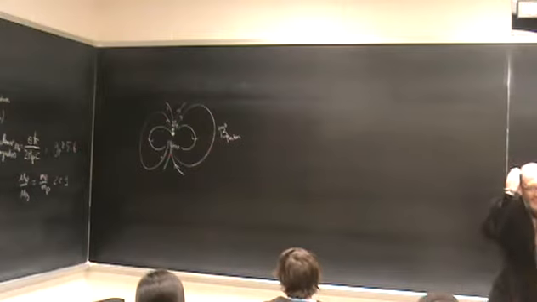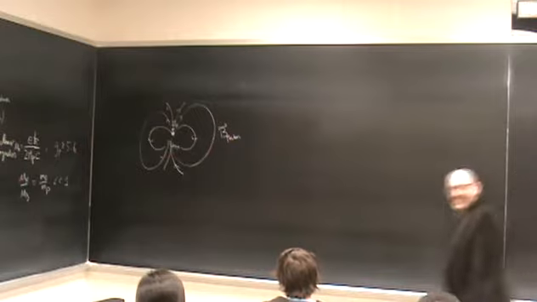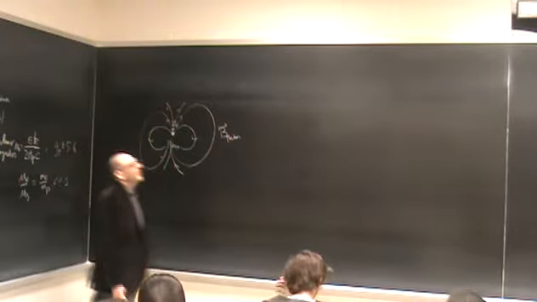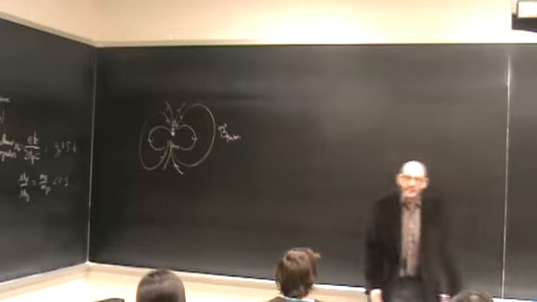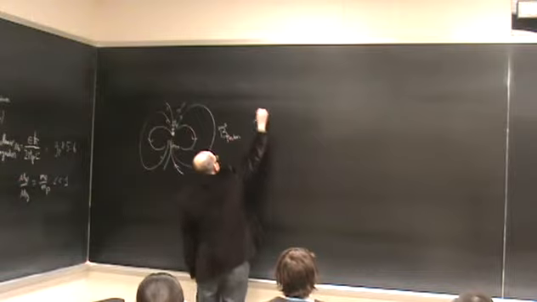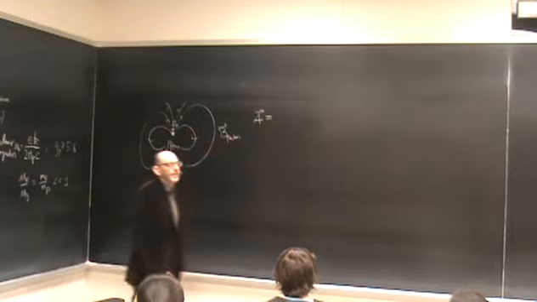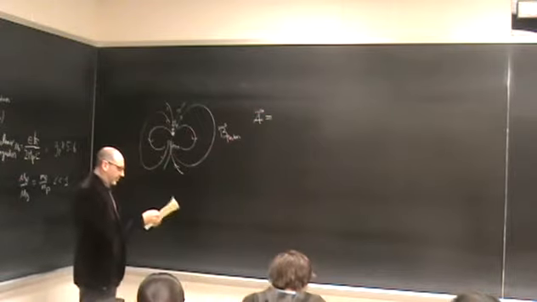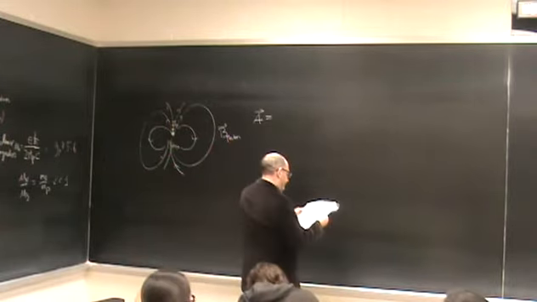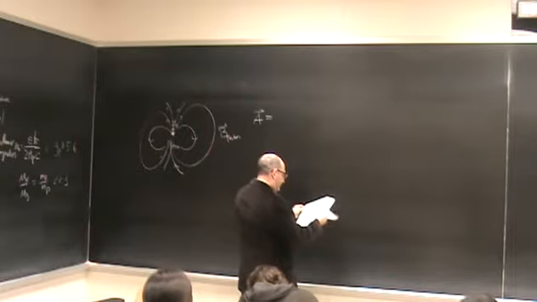Well, we have to dig back into this. There's lots of ways we can think about it. One thing to say is that there is a vector potential associated with a magnetic dipole moment. We know this one.